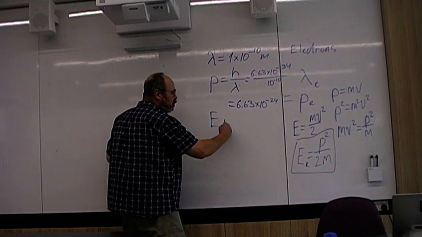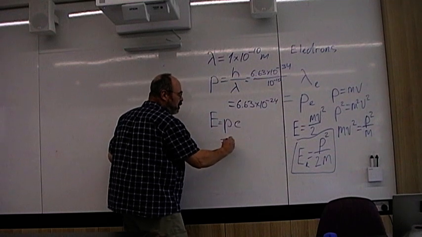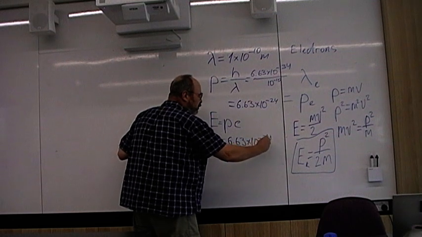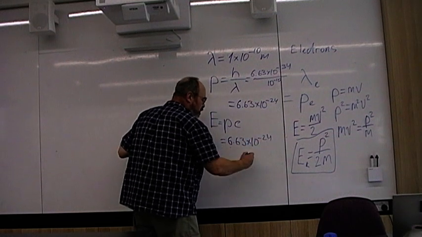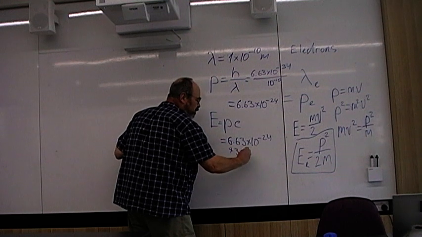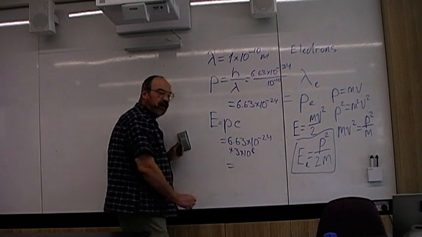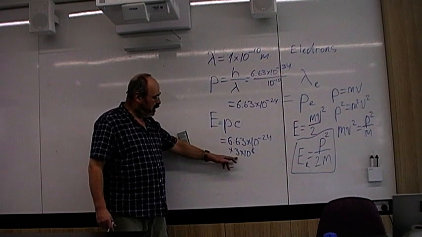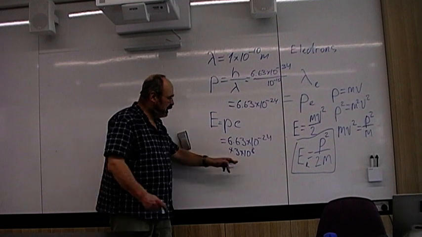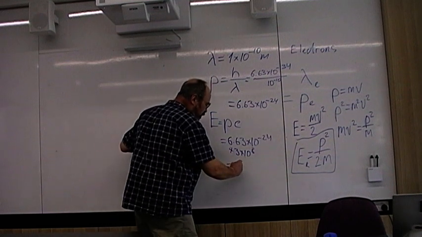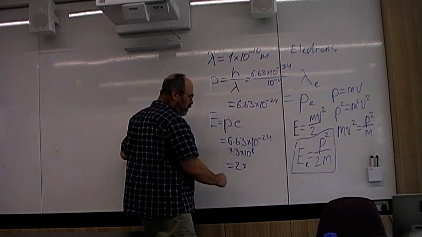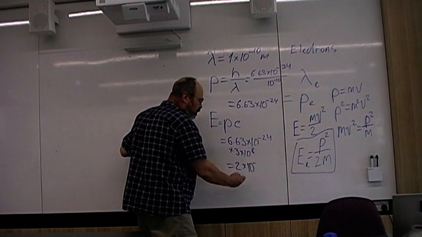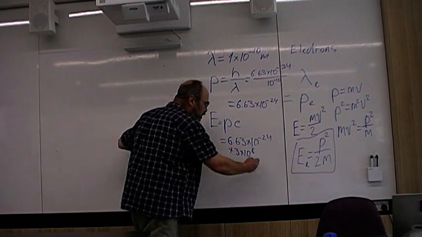Energy equals momentum times speed of light. So 6.63 times 10 negative 24 times 3 times 10 to the power of 8, the speed of light. If we multiply that, we will get approximately 2 times 10 negative 15.